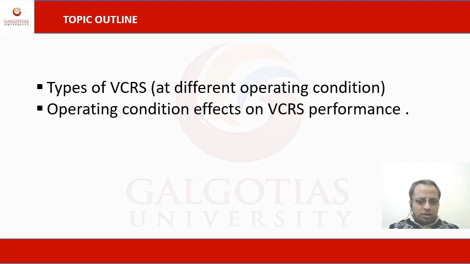So according to the pressure, temperature, I mean the thermodynamic property of the refrigerant, the VCRS types are different. And the operating conditions mean the effect of the condenser pressure, the effect of the suction pressure, and the effect of the compression ratio. All these things are the major outline of this session.